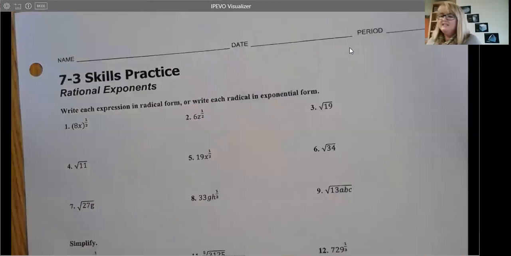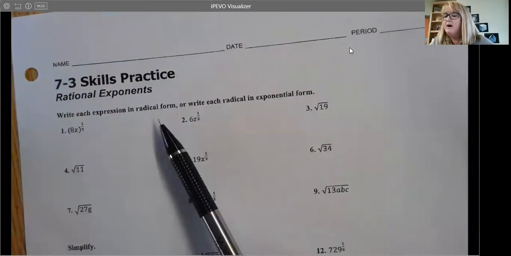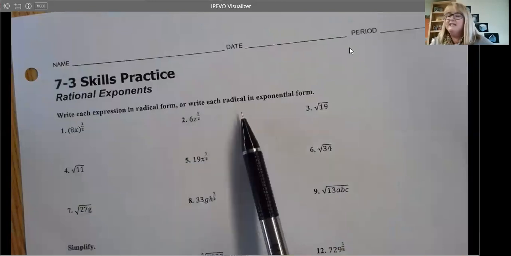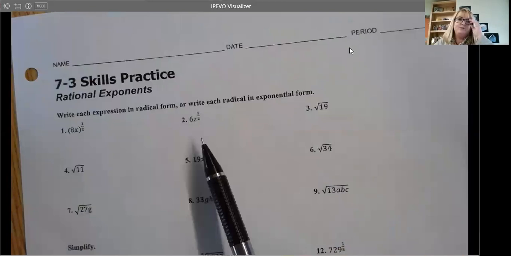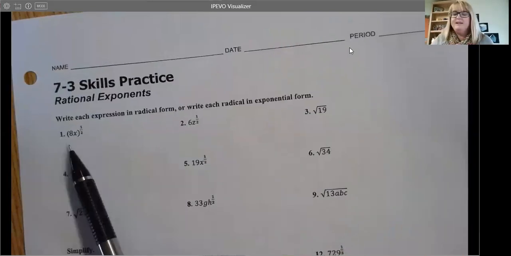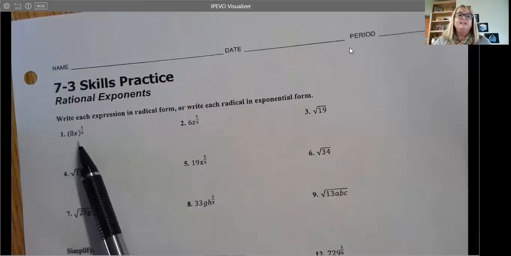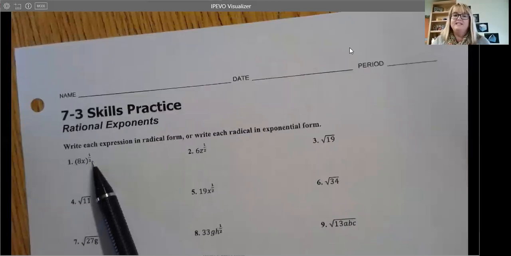And the first part says, write each expression in radical form or write each radical in exponential form. So we're flip-flopping between the 2 forms. So this right here is an exponential form. We need it to be in radical form. So again, the denominator is the radical raised to this power.